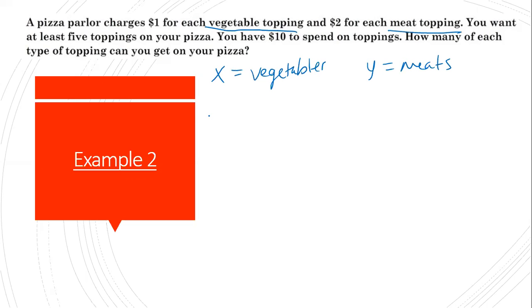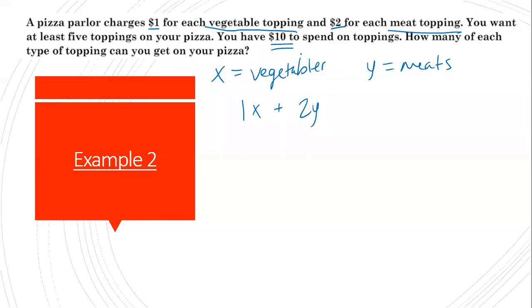Okay, then from here, we're just going to create our system. So reading the first sentence, there's $1 for each vegetable topping and $2 for each meat topping. So we have 1x plus 2y. And in this case, money with money. So if I'm talking about money, I have a limit.